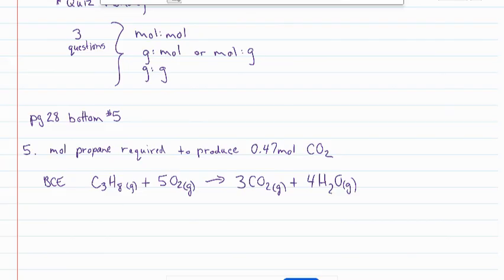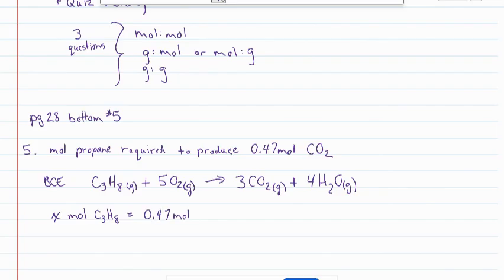Okay, so again, for number 5, we want to find our X moles of propane, which is C3H8, to produce 0.47 moles of CO2.